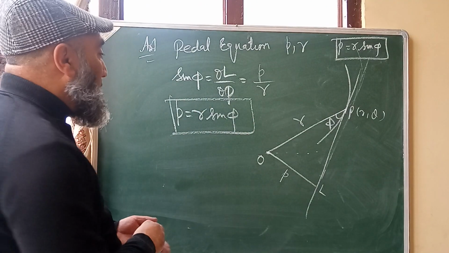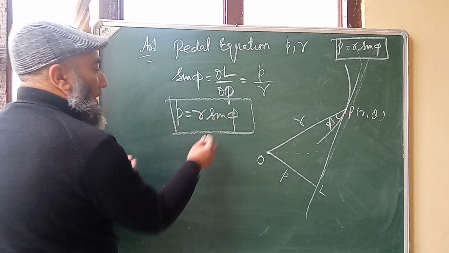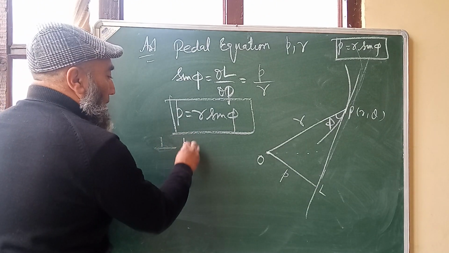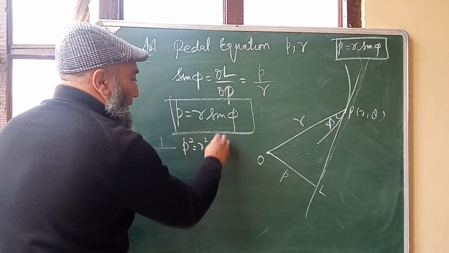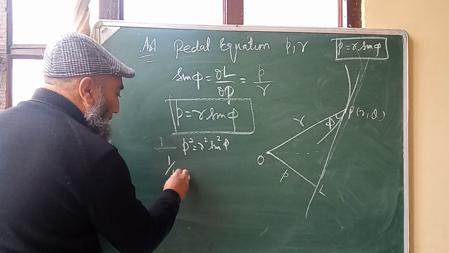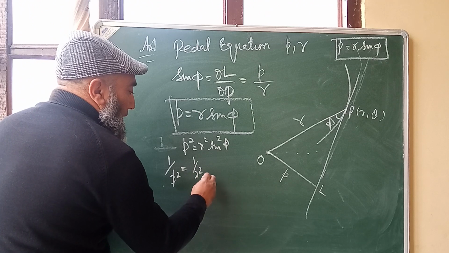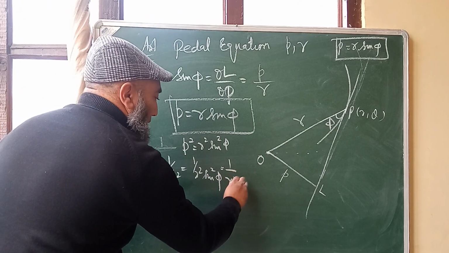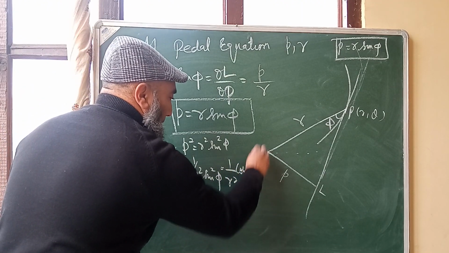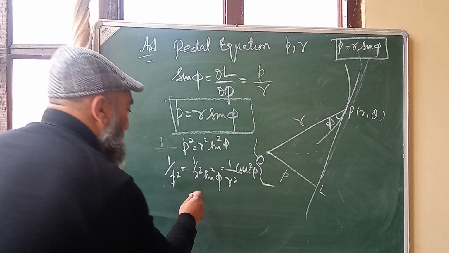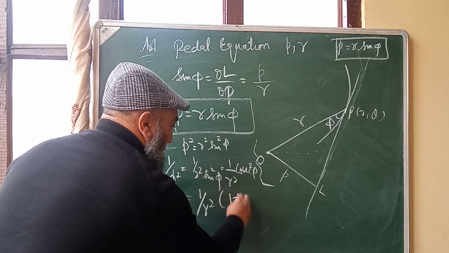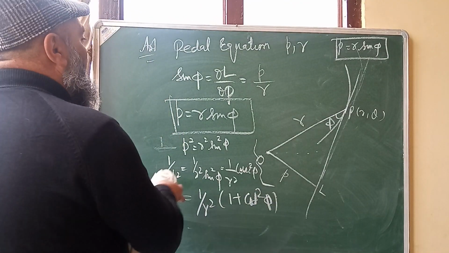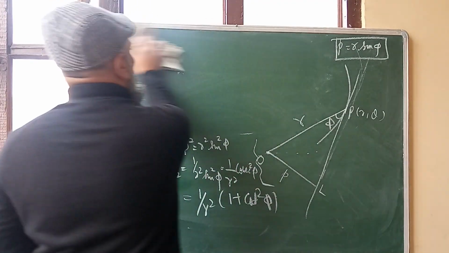One more form of the pedal equation: you can see p is r sine phi. Let me suppose, what is p square? p square is r square sine square phi. So 1 by p square will be 1 by r square sine square phi, so it is 1 by r square cosecant square phi. But cosecant square phi is 1 plus cot square phi, and cot we can write in terms of tan.